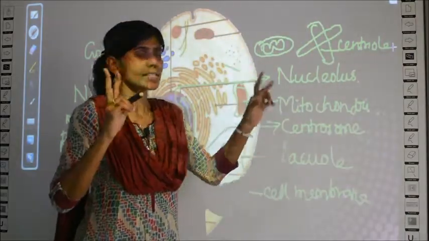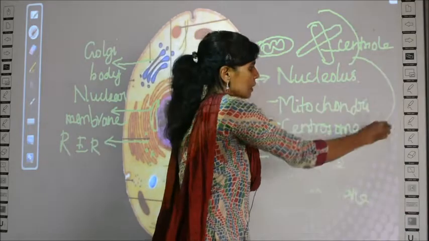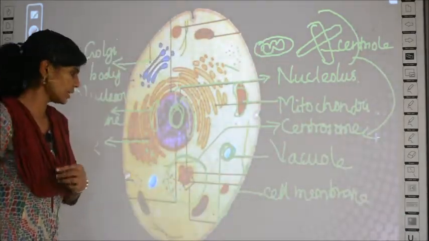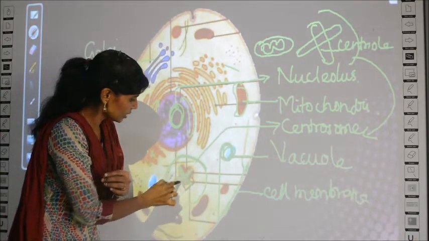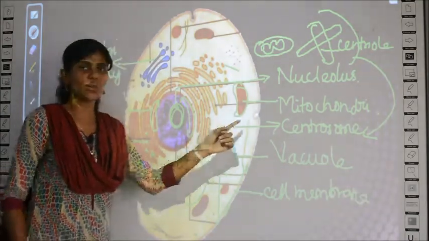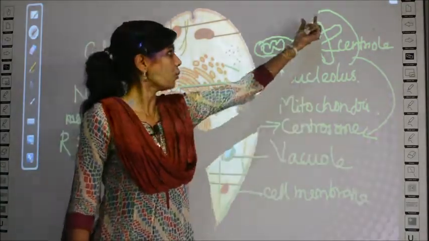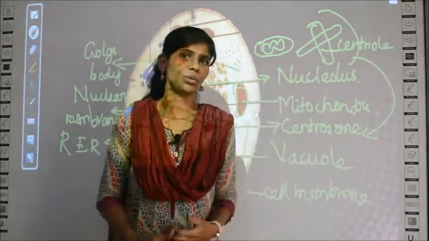So two centrioles will make the centrosome. See, there is one centriole here and one centriole here. Together it is called by the word centrosome, and each cylinder is called by the word centriole.